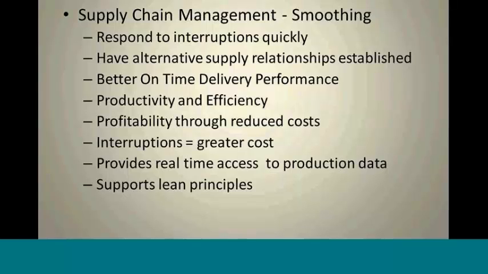And that's what you're looking for, on-time delivery. Productivity and efficiency: if the part's not there and people are waiting around, you're not productive. So it permeates throughout the entire enterprise when the supply chain is running efficiently and smoothly, because you reduce those costs. You're much more profitable because your cost of acquisition is much less. You have less interruptions. Again, more interruptions, greater cost.